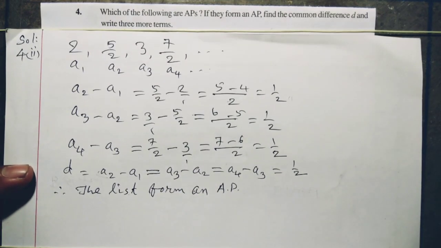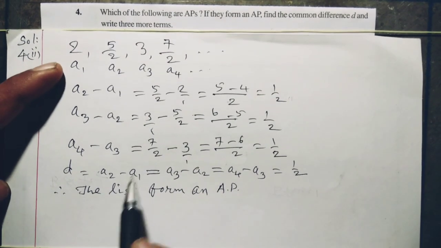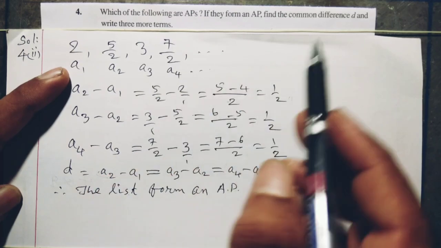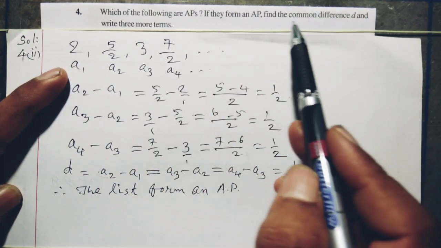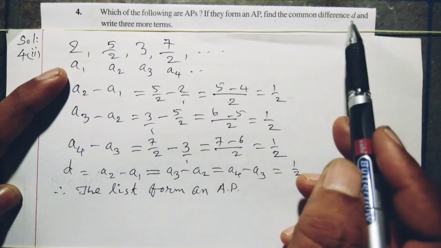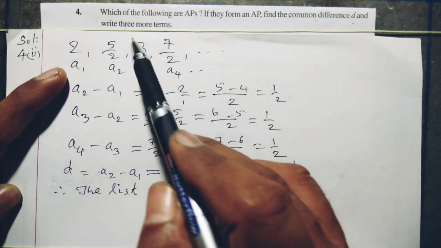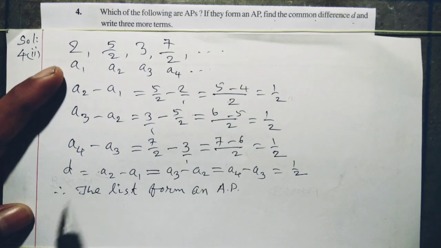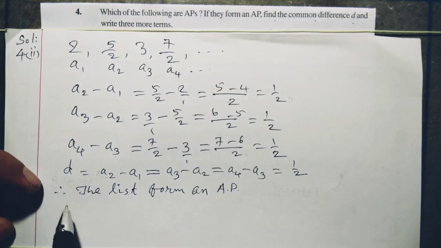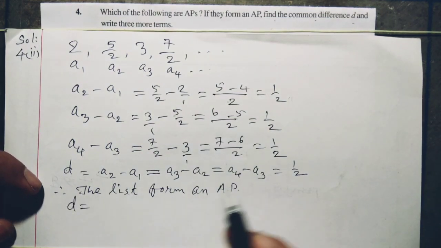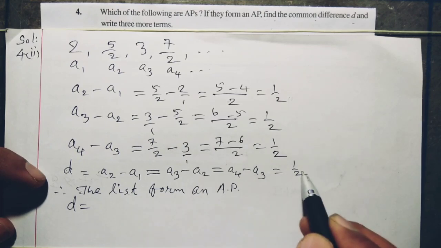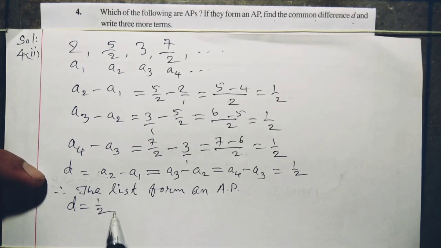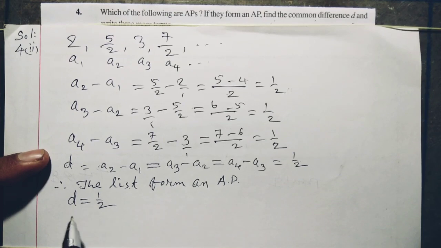Then we have to find the common difference D and write the more terms. So common difference D is equal to 1 by 2. Here we have written already, D is equal to 1 by 2.